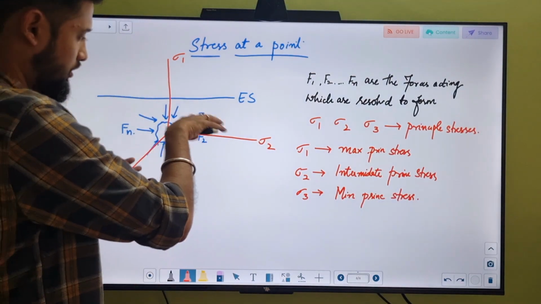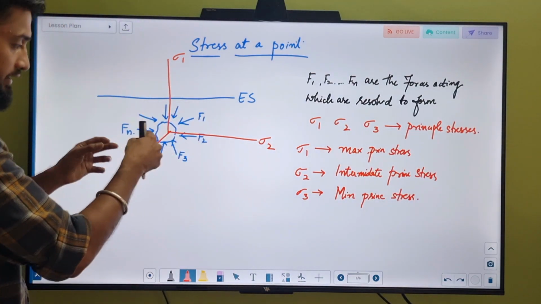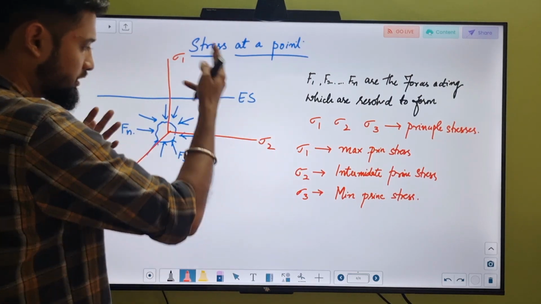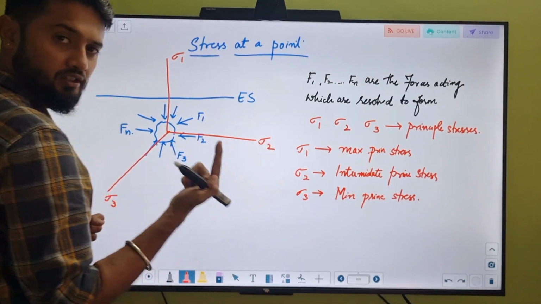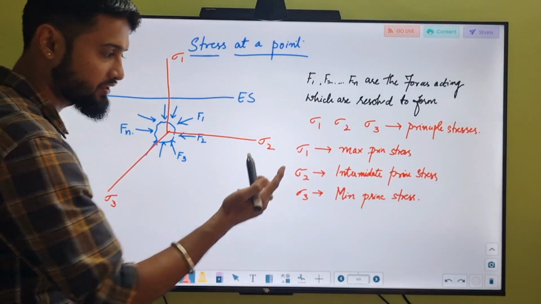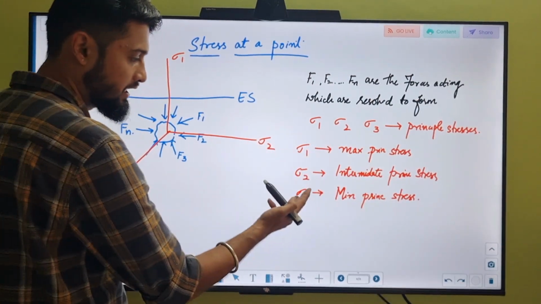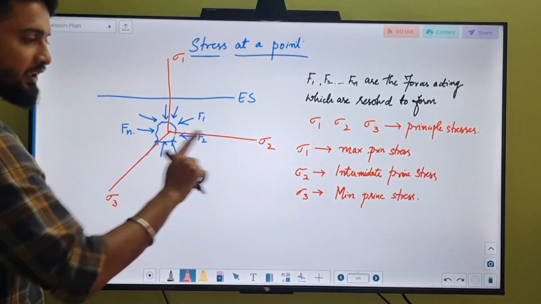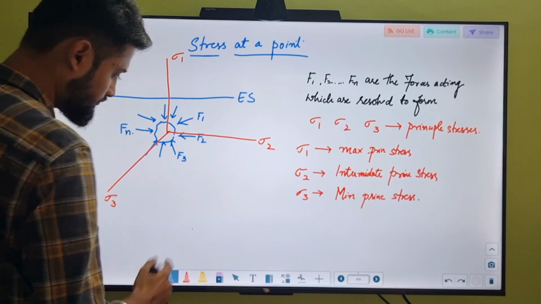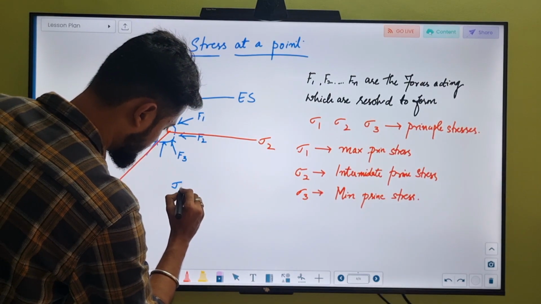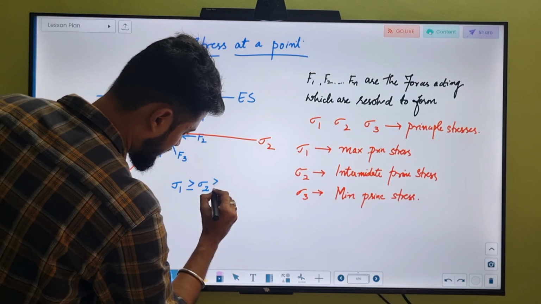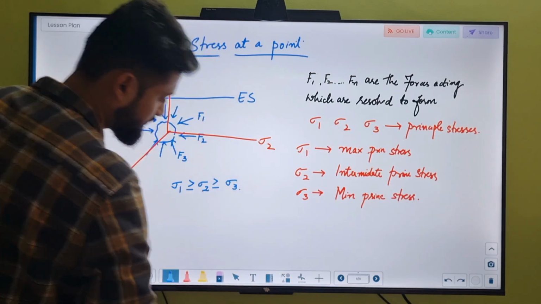So all these n number of stresses acting upon a single rock are resolved into three major principal stresses, sigma 1, sigma 2 and sigma 3. Here I can write that sigma 1 is greater than or equal to sigma 2, which is greater than or equal to sigma 3.